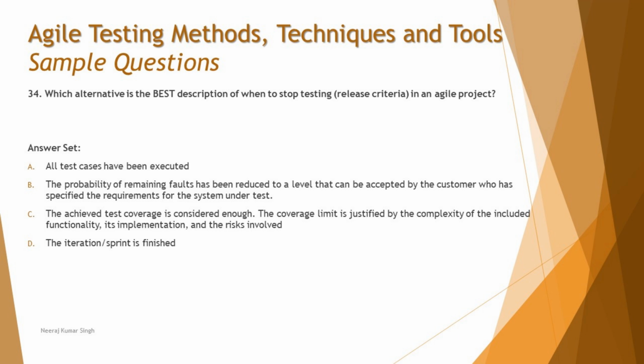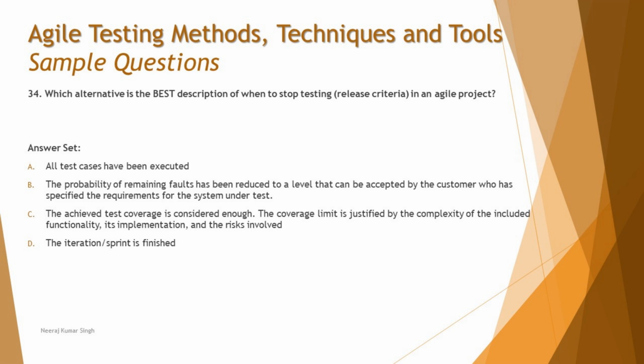One, the included functionality; two, the implementation we did, that is coding; and three, the risk we have considered. The coverage shows me how much functionality we have covered, how much implementation we have covered, and how many risks we have mitigated, right? So it looks more technical in terms of determining that if I have this information and it satisfies the need of the project, then I can certainly stop. Looks like the best option so far.